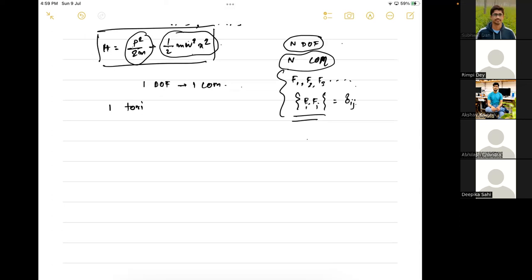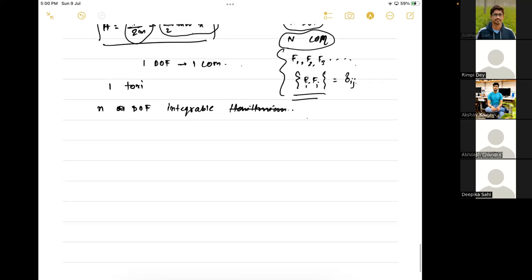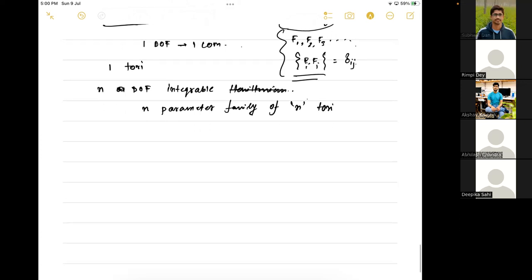So in general, for an n degree of freedom integrable Hamiltonian, the phase space looks like an n parameter family of n tori. I will discuss the tori. What do we mean by tori? Okay.